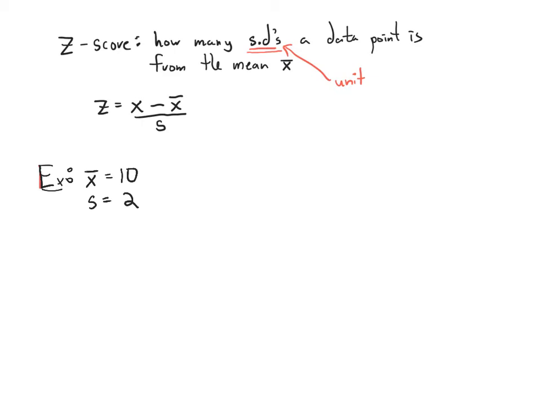So what is the z-score of the data point, let's say 7? So let's calculate this.